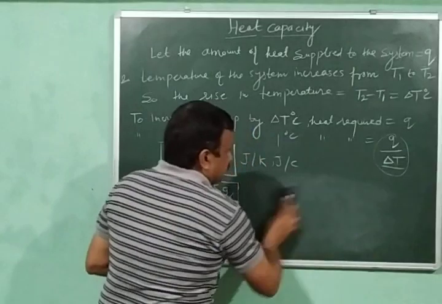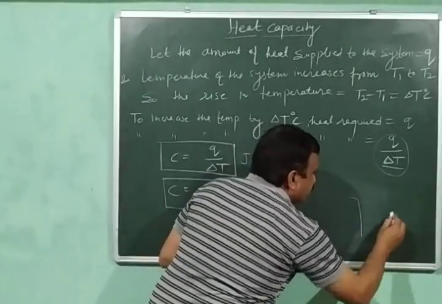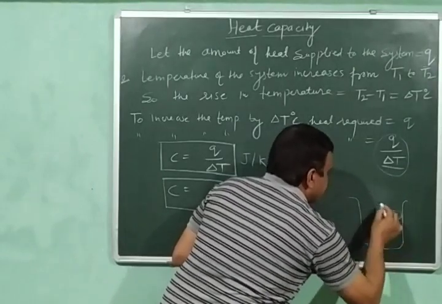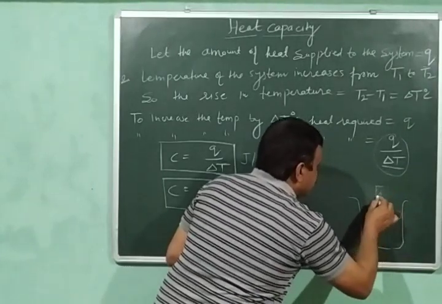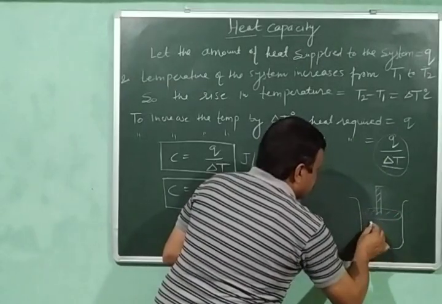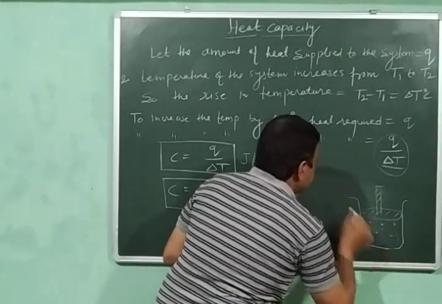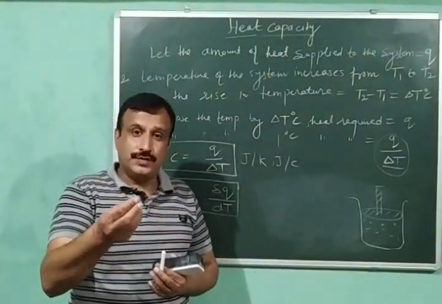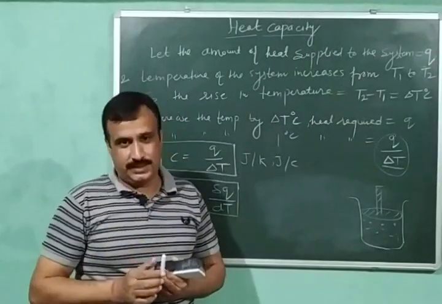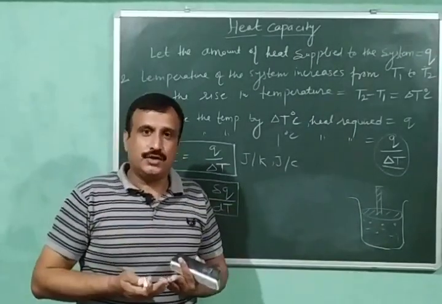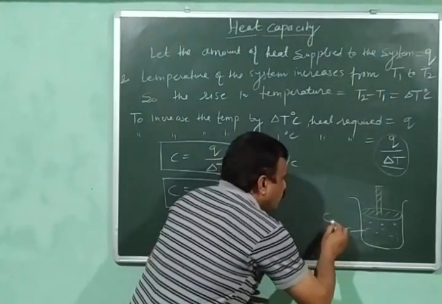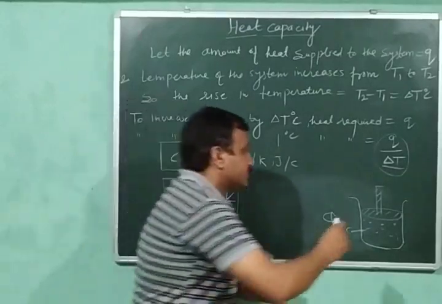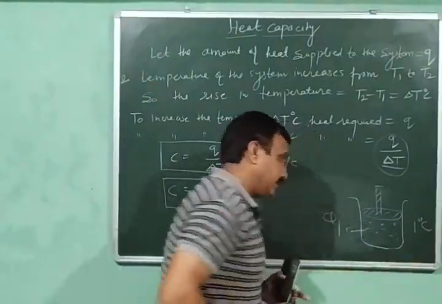Suppose I have a gas enclosed inside a cylinder fitted with a weightless frictionless piston. Here we have gas. Now I want to increase the temperature of this gas through 1 degree Celsius, and I will have to supply heat. Let Q1 be the amount of heat supplied to the gas, and its temperature is increased by 1 degree Celsius.